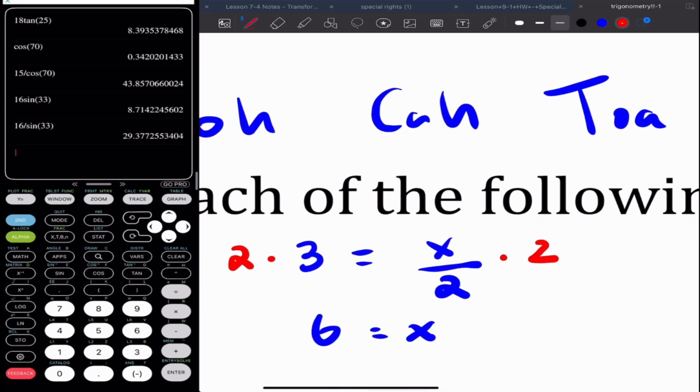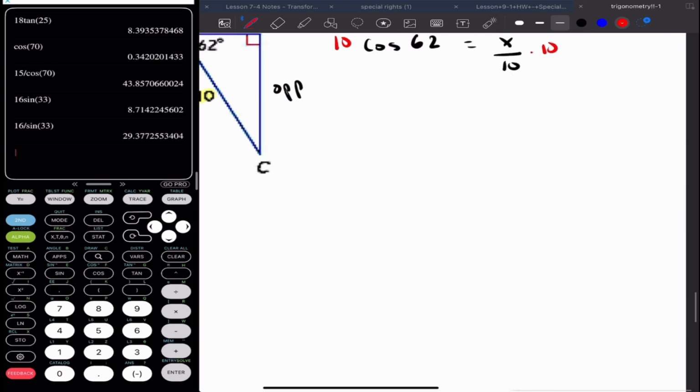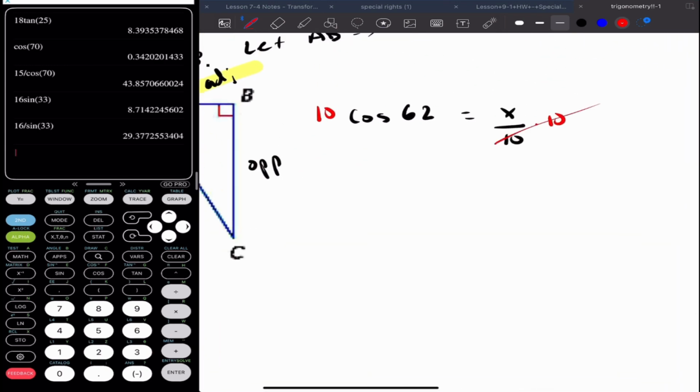Just like this. Okay, so let's go ahead and cross out the 10s, and you have 10 cos of 62. So 10 cosine of 62 is approximately 4.69. And that's your answer. That's x, okay?